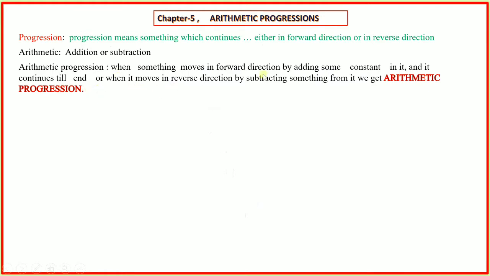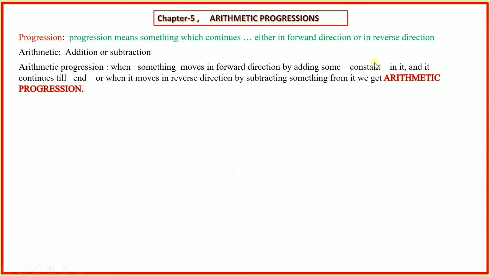Very important: when something is moving forward, it means adding continuously, but that constant should be the same. For example, I'm standing at origin, and somebody asks me to move 10 inches, one step for 10 inches. I cannot take more than 10 inches each time. So first at 0, then 10, then plus 10, 20, then plus 10, 30.